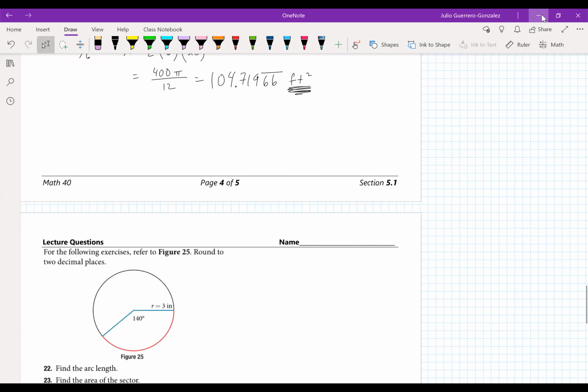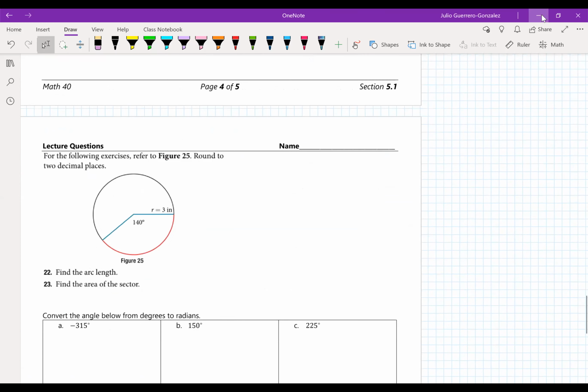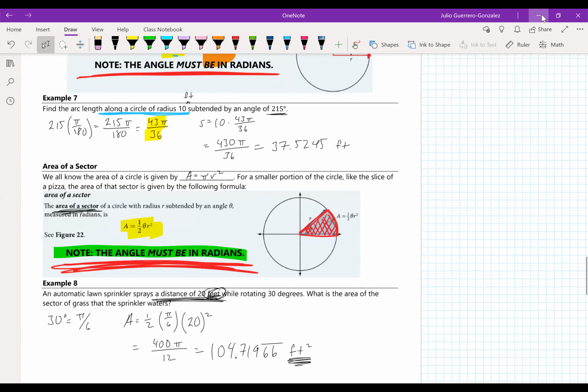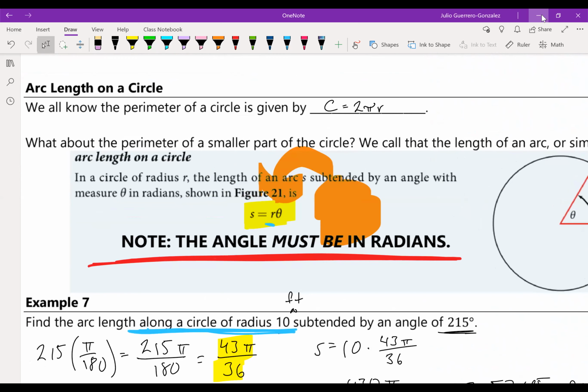For the example or for the lecture question? 22. Yeah, the lecture question. Find the arc length. So you need the formula for the arc length, which is that very first one. The same thing, right?